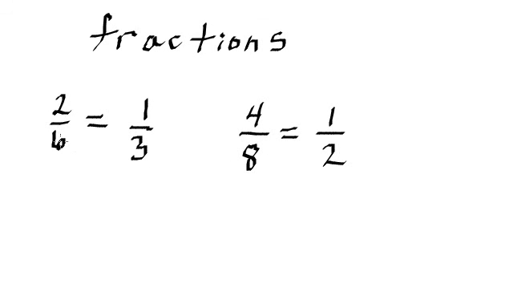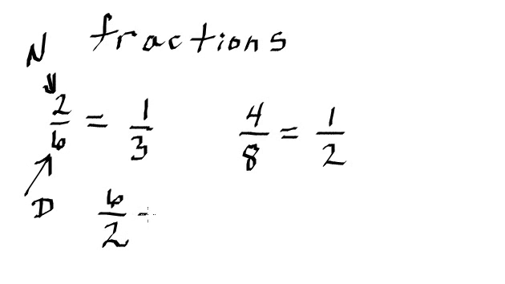Now these are known as proper fractions because this up here, which remember is the numerator, and the number down here in the bottom is known as the denominator. And when the numerator is larger than the denominator, we say that this is a proper fraction. However, if we were to flip this around and we put a 6 up here and a 2 down here, okay, this is an improper fraction.